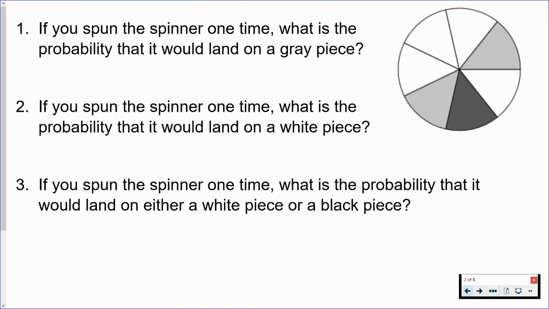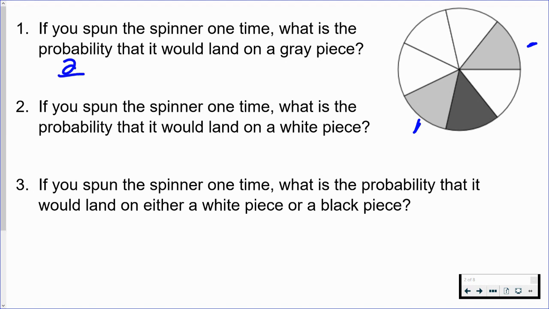First, if you spun the spinner one time, what is the probability that it would land on a gray piece? We have two gray pieces. Remember we just said that probability is the number of ways it could occur divided by the number of possible outcomes. There are only two gray pieces, so that's going to be our number on top.